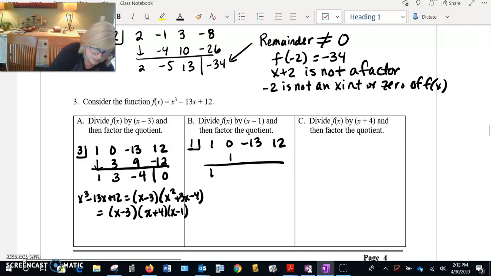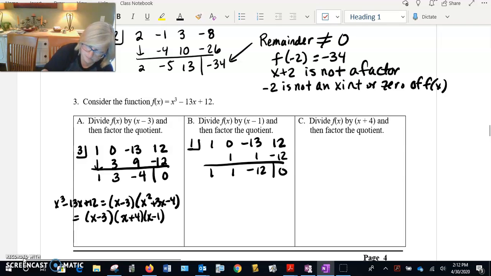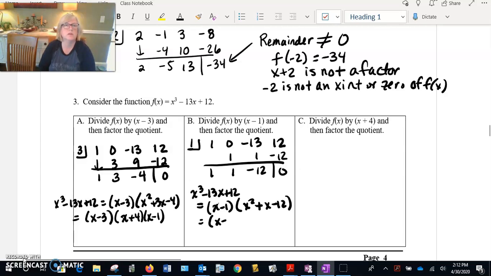Now we know that x cubed minus 13x plus 12 is going to be x minus 1 times x squared plus x minus 12. And now notice if I continue factoring that, I get x plus 4 and x minus 3. See how it still works? And you get the exact same factored form of the polynomial. You just went there in a different way.